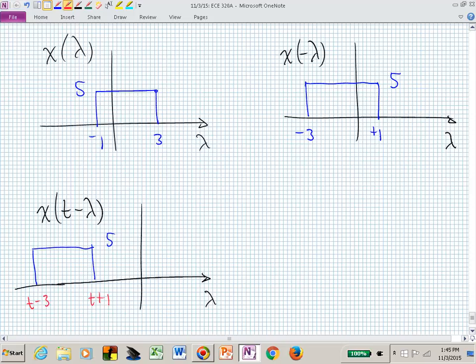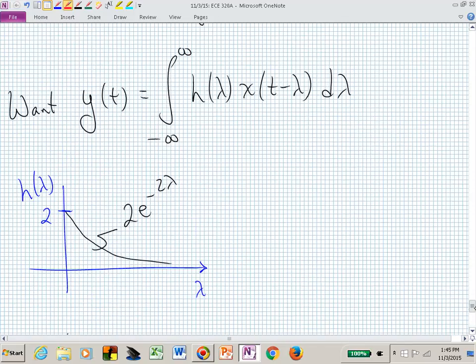What I now need to do next time is use this, x of t minus lambda, scale it with h of lambda, and evaluate that integral. And we'll find that we have different patterns associated with the way those waveforms overlap or lay on top of each other, and we'll try to evaluate those different regions. We'll see you on Thursday.